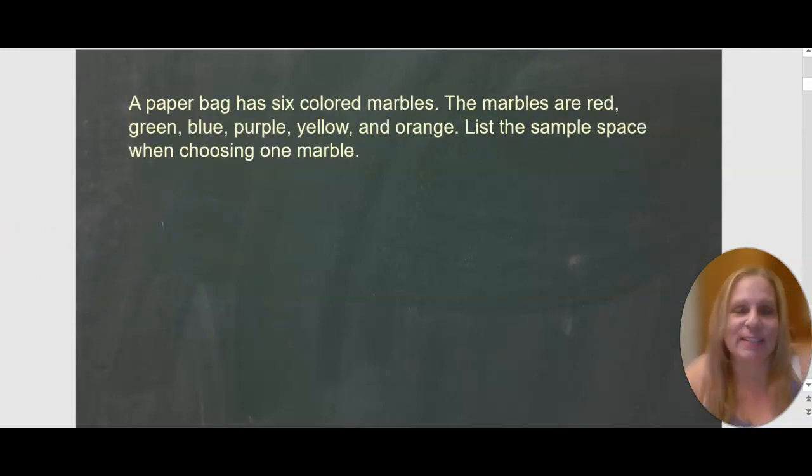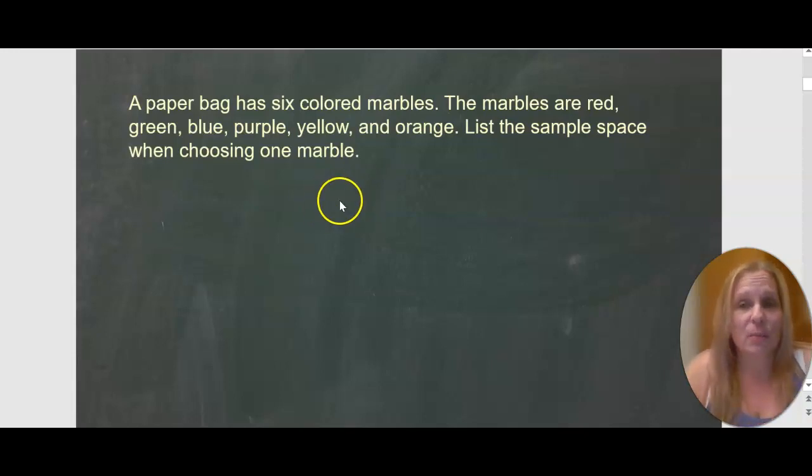All right, so let's look at an actual sample space. A paper bag has 6 colored marbles. The marbles are red, green, blue, purple, yellow, and orange. List the sample space when choosing one marble. Well, whether we're choosing 1 or 2 or 5, our sample space is just all the possible results, right?